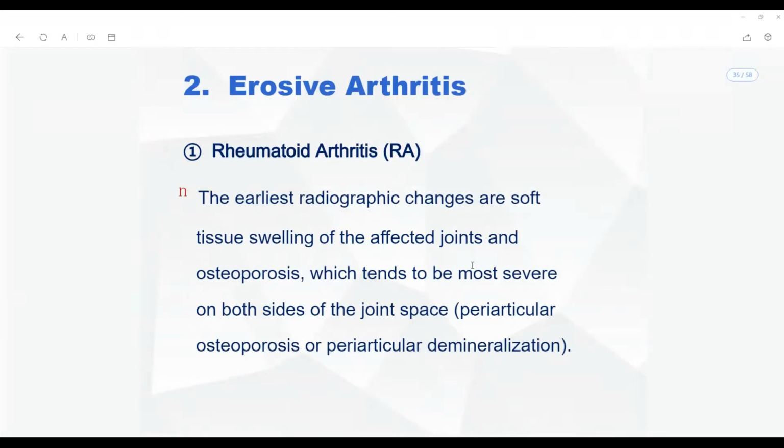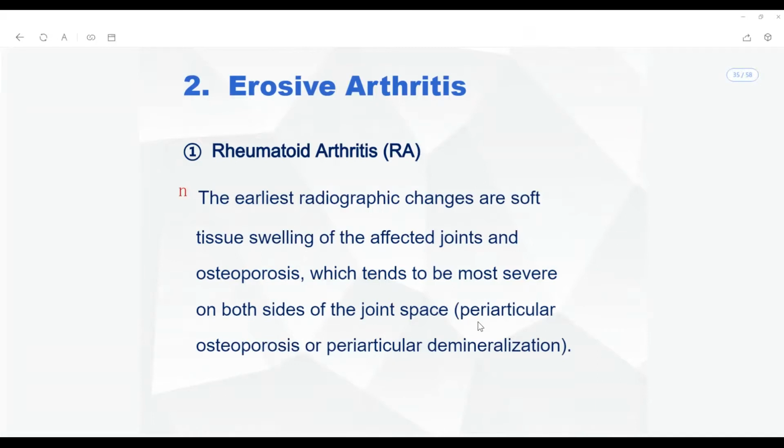So two hallmark features: soft tissue swelling and osteoporosis coming together, present bilaterally, on both sides of the joint space, particularly along the articular cartilaginous areas, where rather than subchondral sclerosis, you see subchondral destruction.